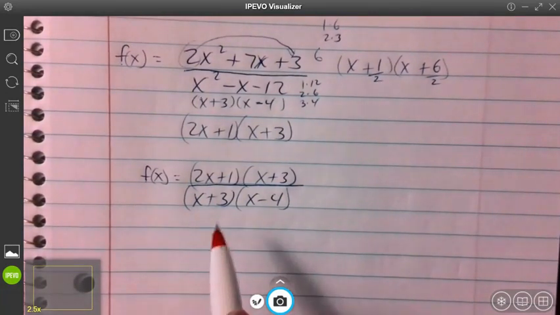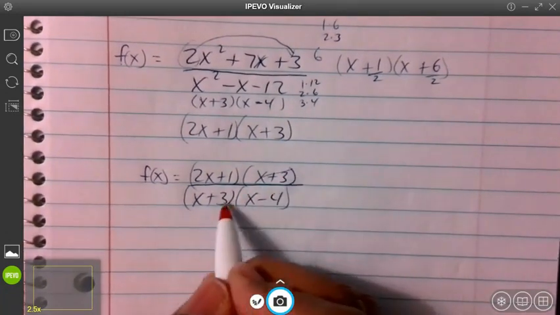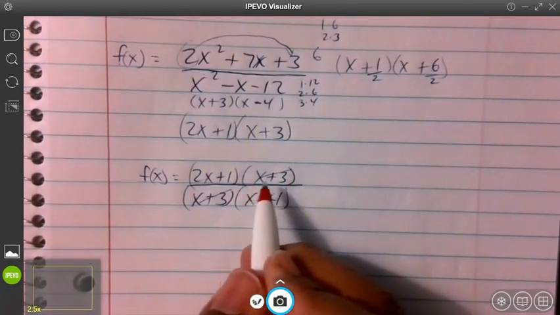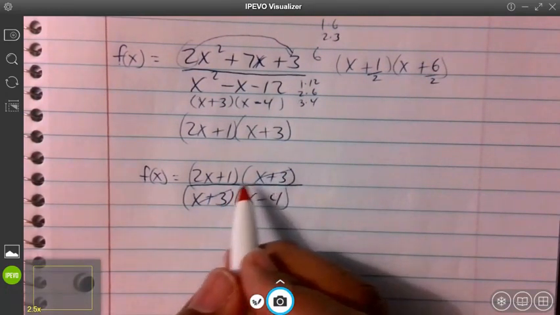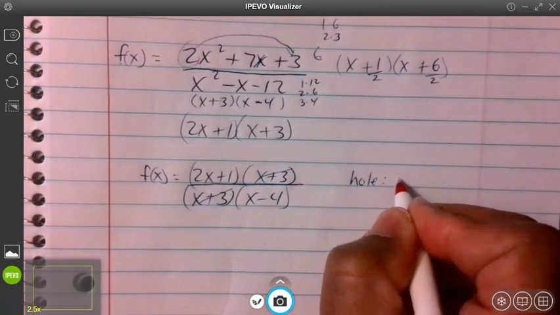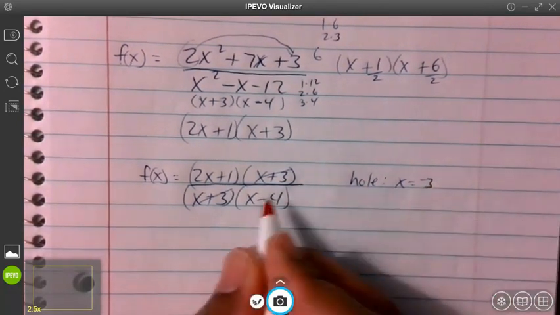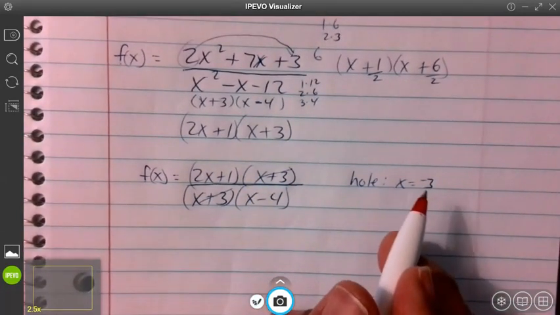So now, once it's factored, we can see, yes, we have something in common right here. The x plus 3, those cancel out. So that means that we have a hole in that spot. So we have a hole at x equals negative 3. Remember, what plus 3 gives us 0? Negative 3. So we got a hole at negative 3.